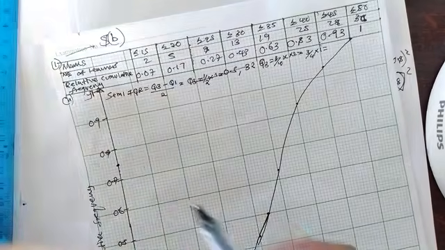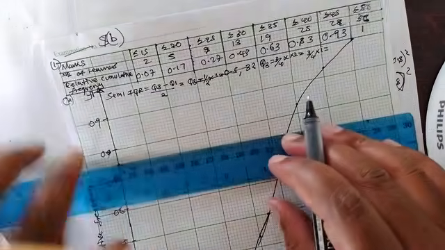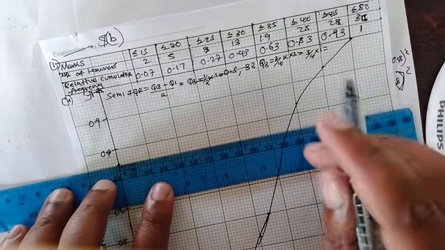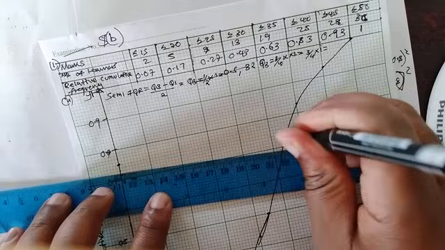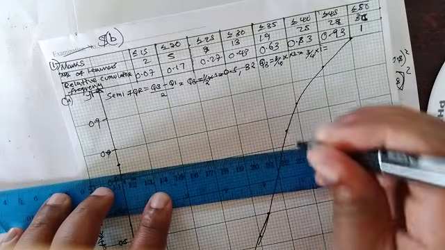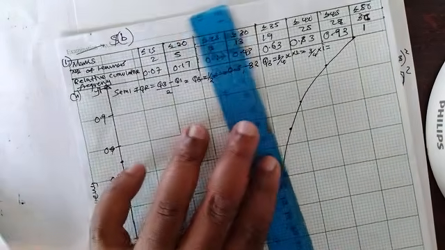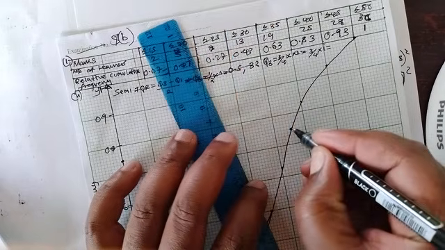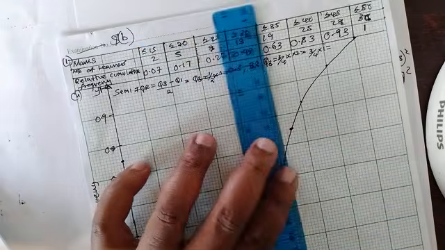Then come this side. You find the graph. Okay, this is where we are meeting the graph at this point. Alright? So now you come down here and check. Okay, so take note where we are meeting the graph here. So you come down here and check.